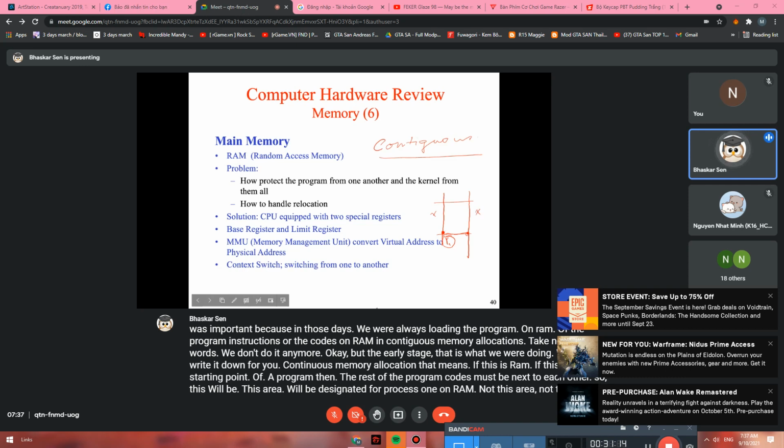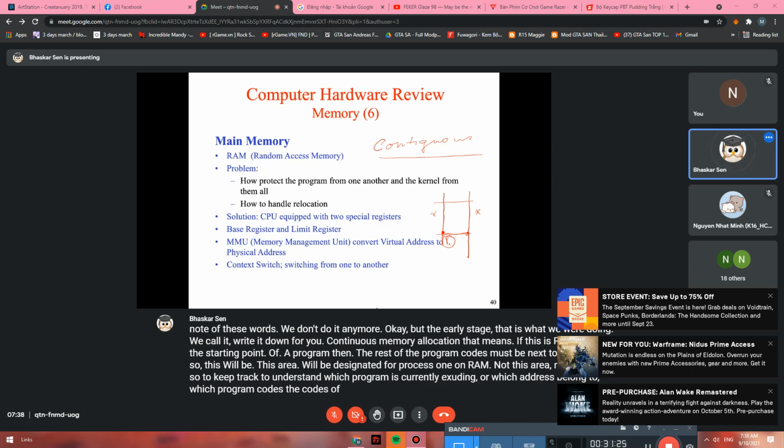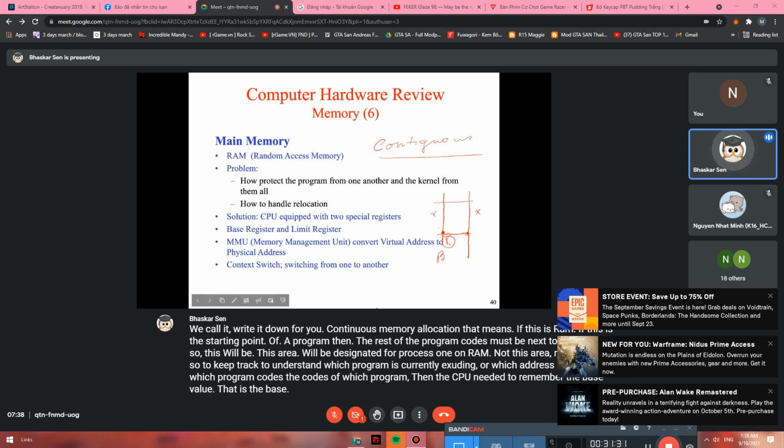So to keep track, to understand which program is currently executing or which address belongs to which program's codes, the CPU needed to remember the base value, that is the starting point of the program, where the program was loaded on RAM, and the length of the program.